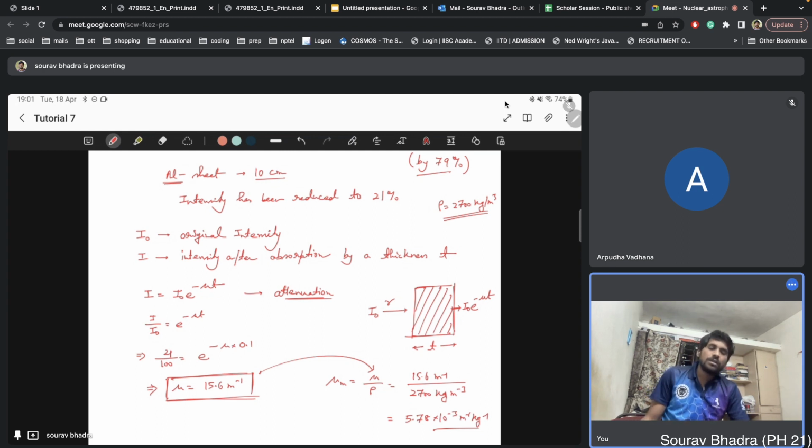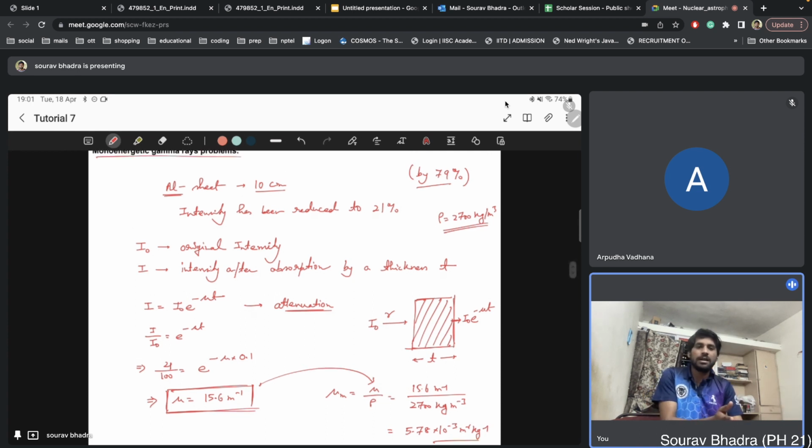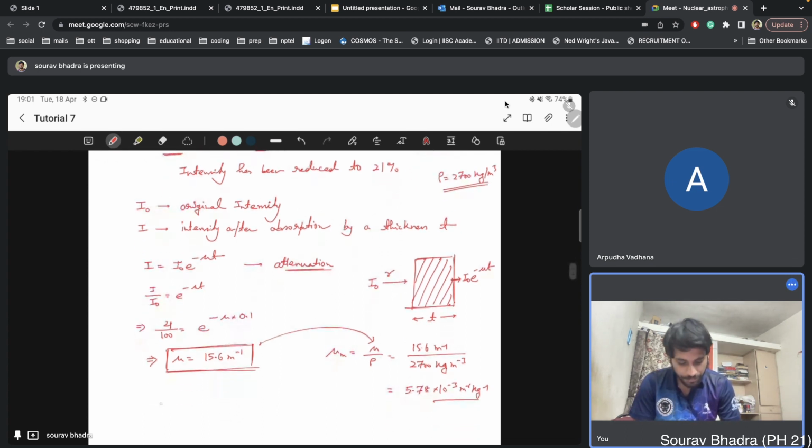Now suppose before putting the aluminum, which is acting as the backing material, you do an experiment outside of the detector, where you pass some gamma rays and 21% of the gamma rays come out, as given initially. Since you know the thickness, from that you calculate mu.